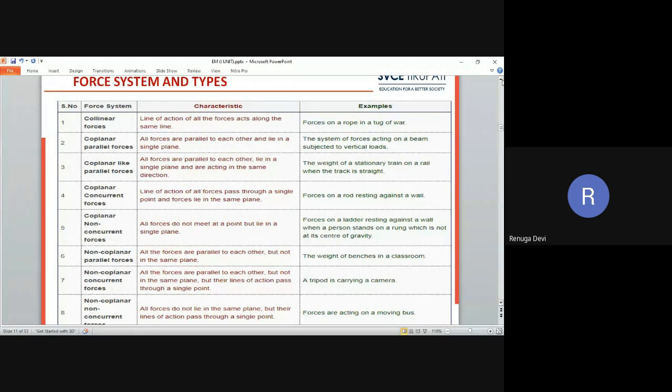Okay. So next one, I told you that already. Whatever may be the thing, the force system is very important. Force system is nothing but what are all the types of forces you may see in your regular day-to-day life, because forces are acting on a body. Force is not a single thing. A force always exists between two bodies.